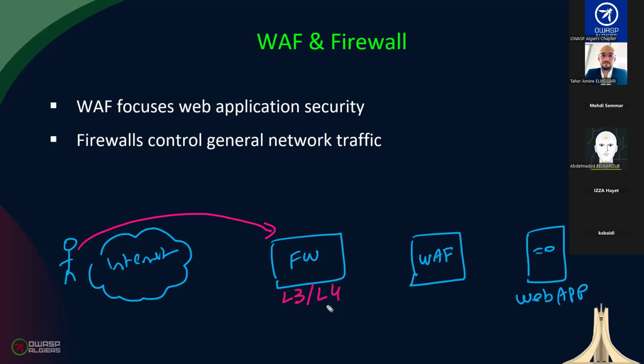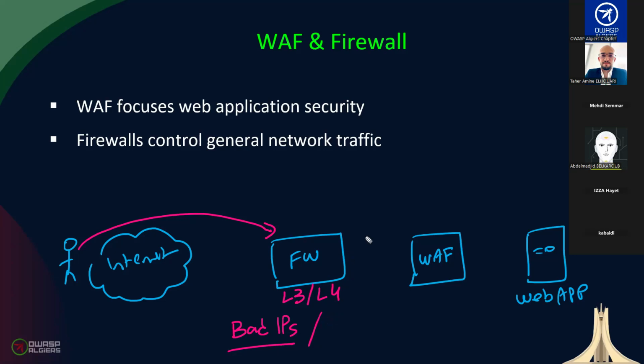What do I mean by that? It means that I can decide to block bad reputed IP addresses. No need for a WAF to do that, because a firewall has full capabilities to block at layer 3 level. Now, also, when I say layer 4, I can decide which TCP or UDP ports are allowed.